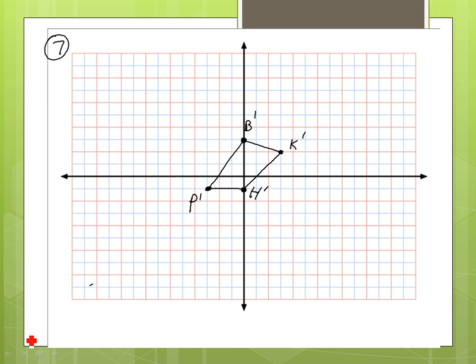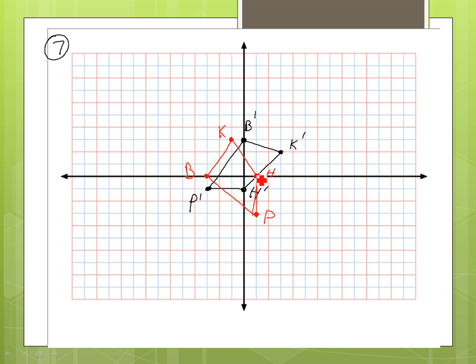Now we'll do the pre-image. That's what the original shape looked like. The red one is the pre-image and the black one's the image.